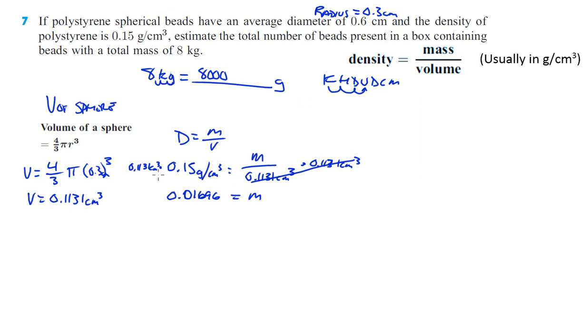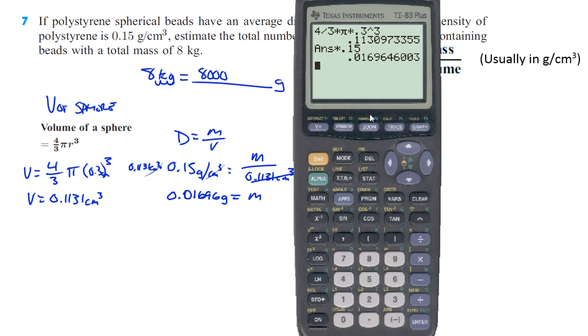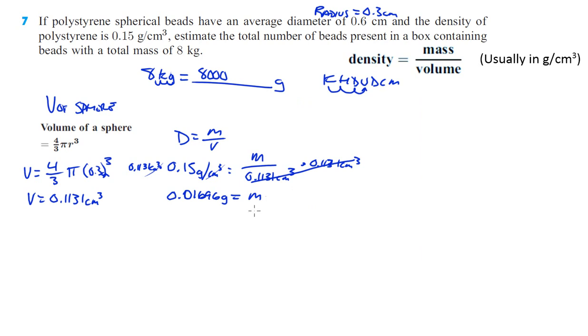And we multiplied the centimeters cubed, so those went away, and we were just left with grams. Okay, just double check my number here. Yep. So that's our mass, how much one little bead weighs.